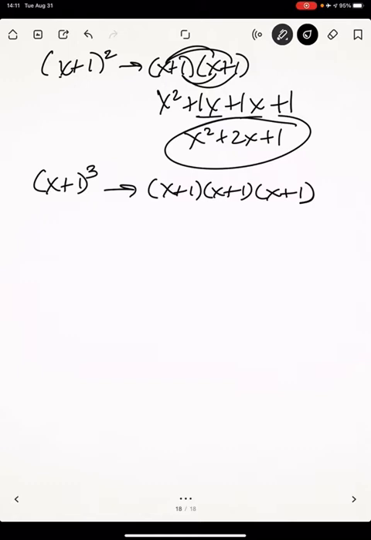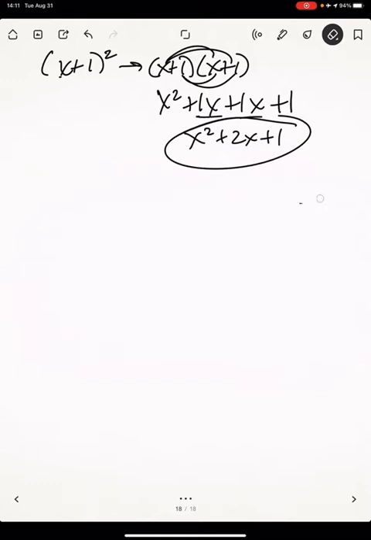So our wonderful previous mathematicians, specifically a man named Pascal, came up with a nice theorem we call the Binomial Theorem.